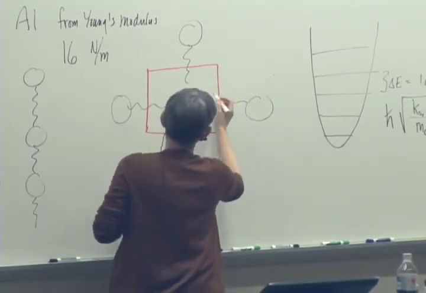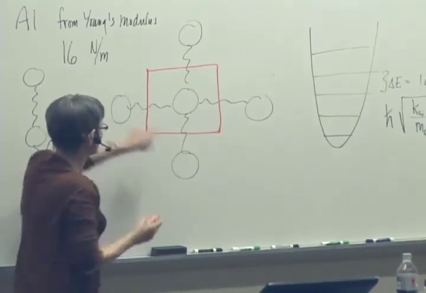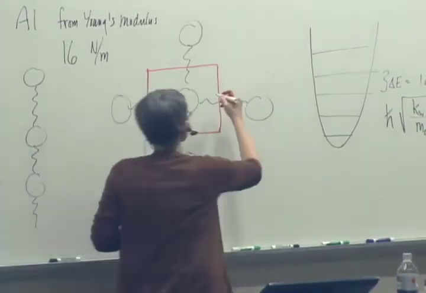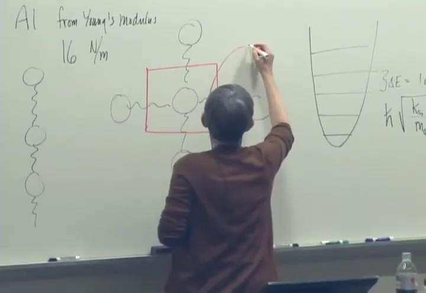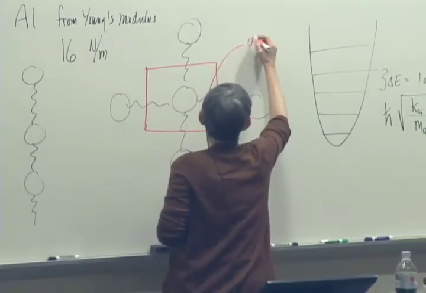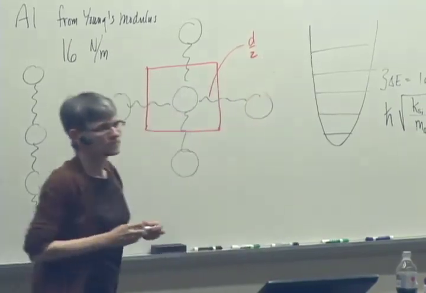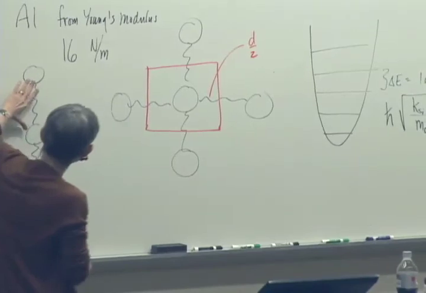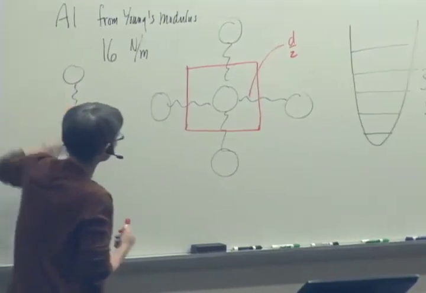So we build a wall here, and now this atom isn't interacting with that atom. It's interacting with a wall. So each of these interatomic bonds, the spring length is really d over 2 in this model. It's not this whole length, we're only considering half a spring.